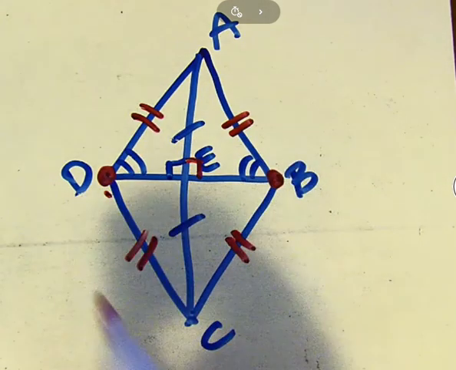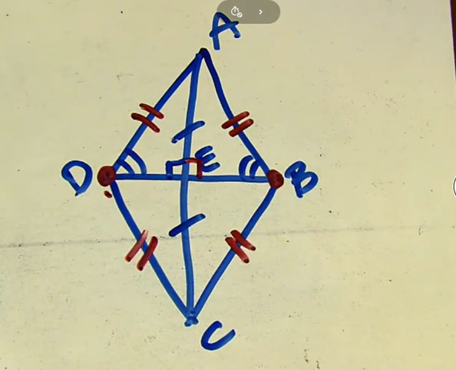Now, as you can see, I have four sides in this given quadrilateral ABCD congruent to one another, which is all it takes to say that this quadrilateral can now be classified as a rhombus by the definition of a rhombus.